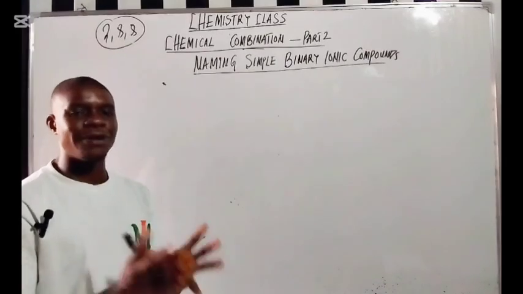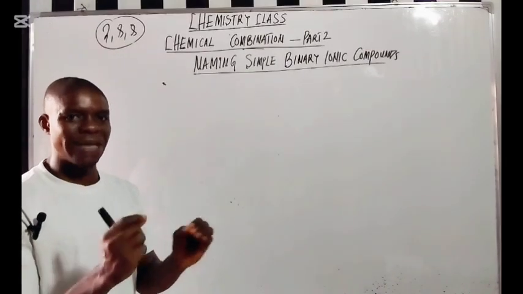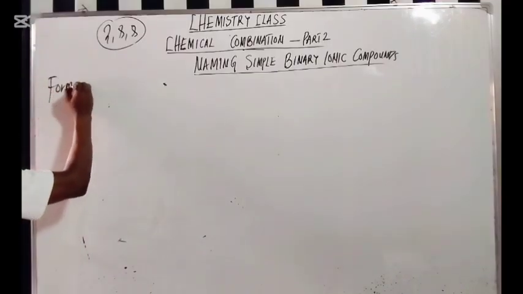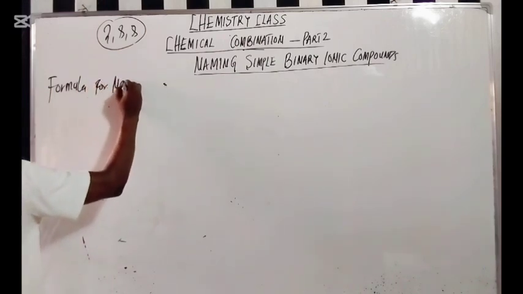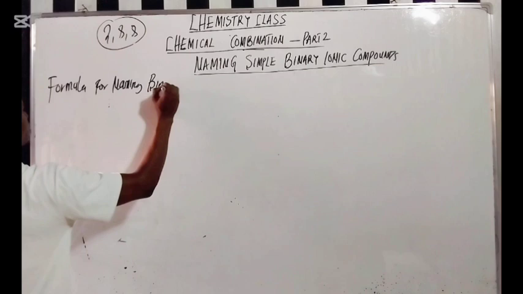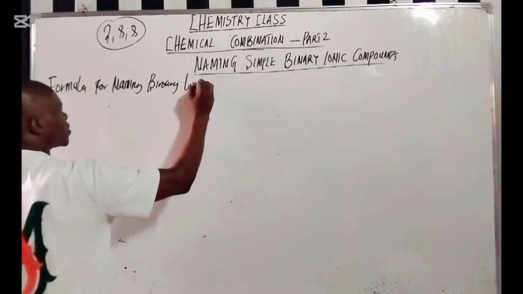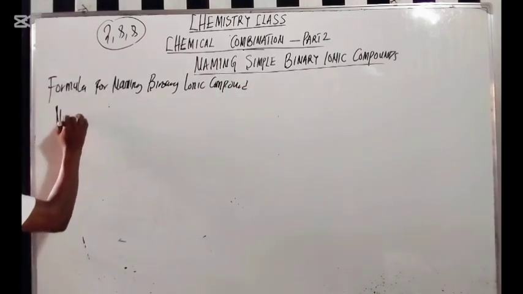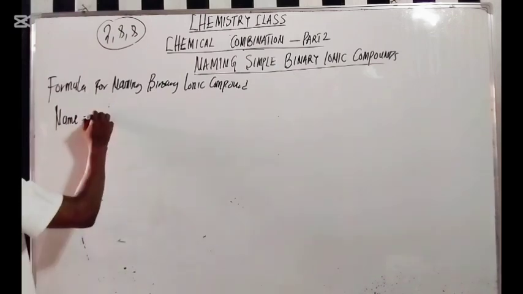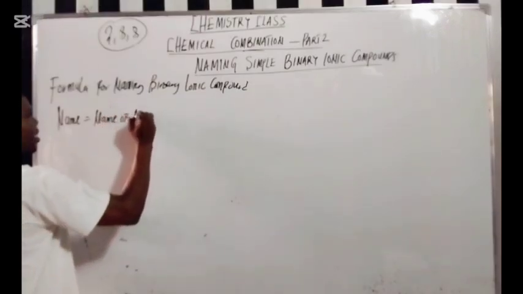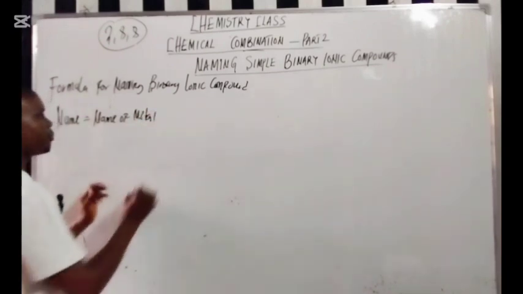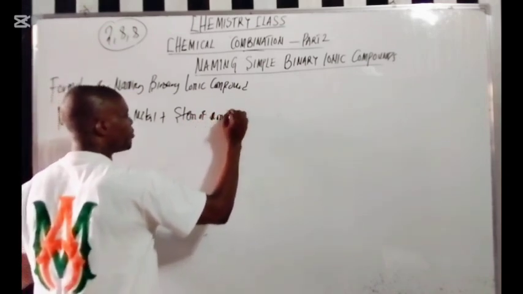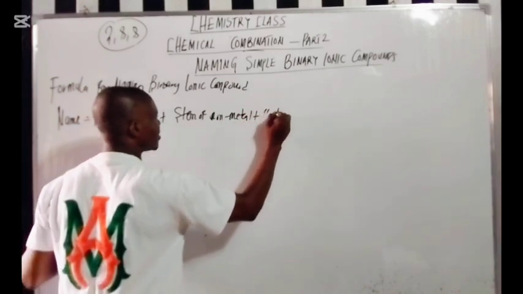Now, I have a simple formula I normally use that I've derived to name simple binary ionic compounds. The formula for naming a binary ionic compound: the name of the compound equals the name of the metal plus the stem of the non-metal plus IDE.